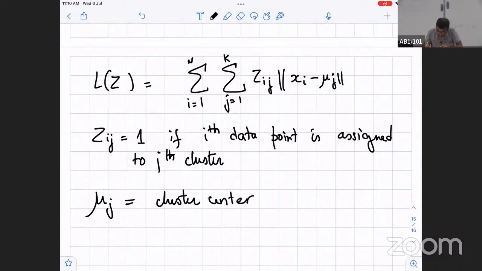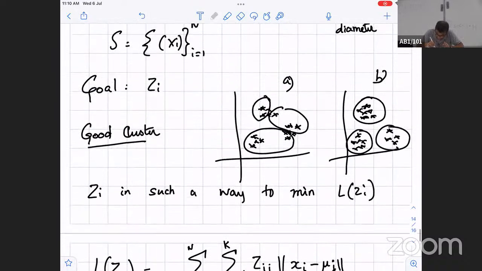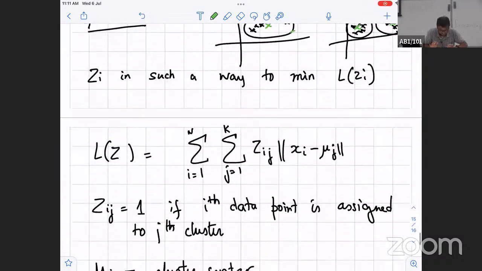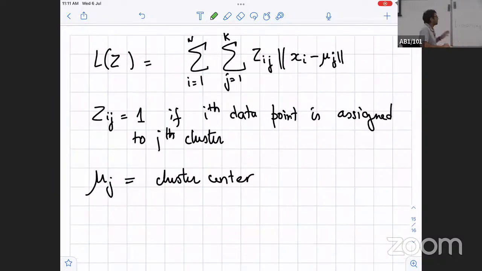If I look at the cluster centers over here, roughly these could be the 3 cluster centers, whereas the cluster centers are here for this example. Now if you look at the total distance within this cluster, it's kind of high because there is a lot of spread. Compared to this, there is less. All the points are close to the cluster center. Do you understand why something is a good cluster and why something is a bad cluster? So this is what you would like to minimize, L of Z. The goal is to minimize this.